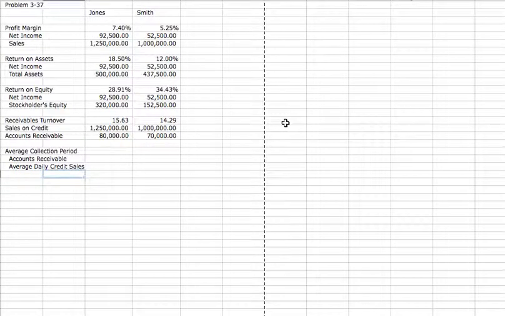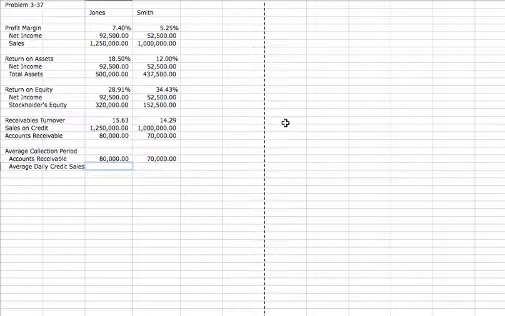Okay, so accounts receivable for Jones Corporation is 80,000. For Smith, it is 70,000.